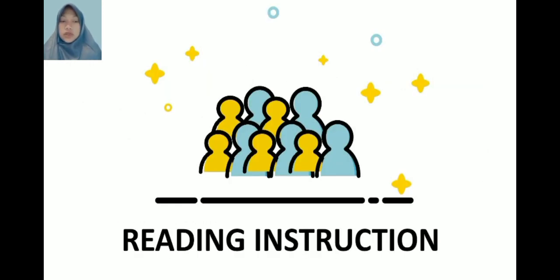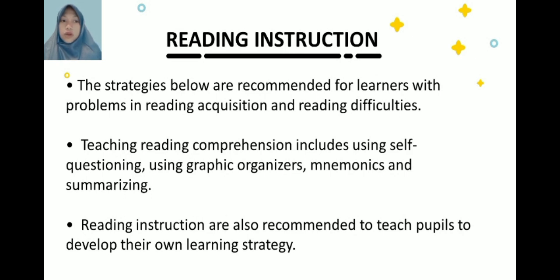Reading instruction. The strategies below are recommended for learners with problems in reading acquisition and reading difficulties. So if the learners have difficulty in reading, the teacher must know the better strategies to use for these kinds of learners.